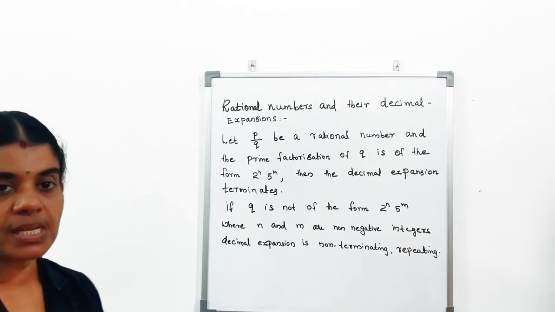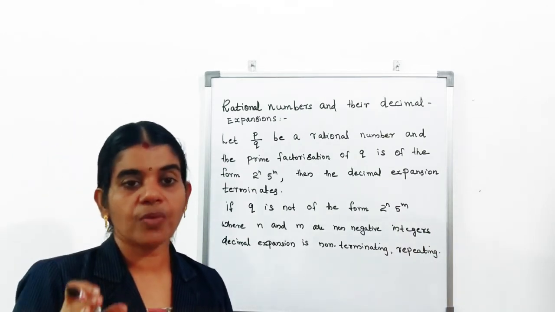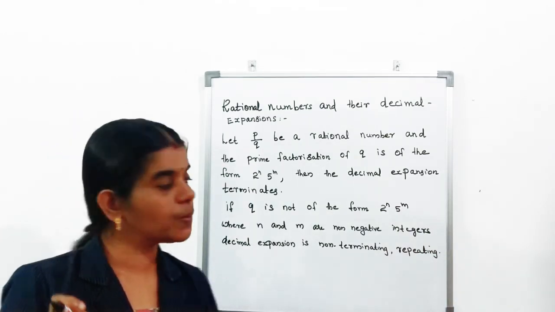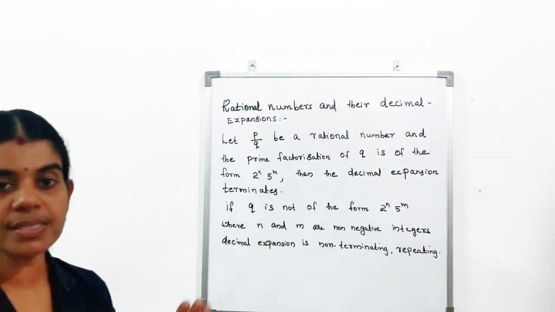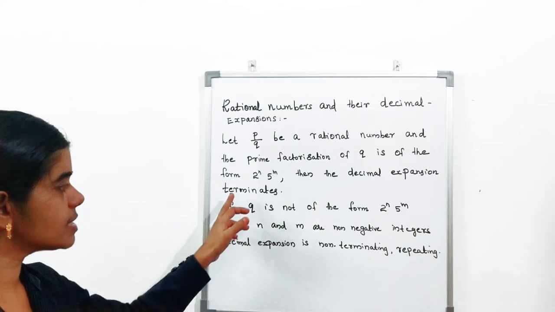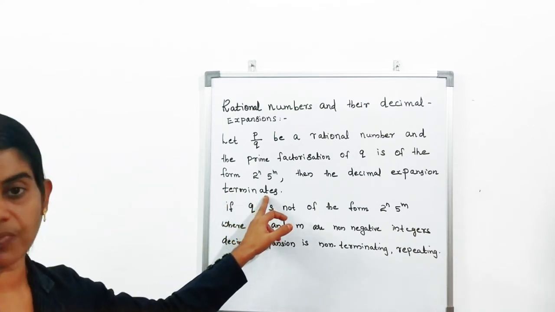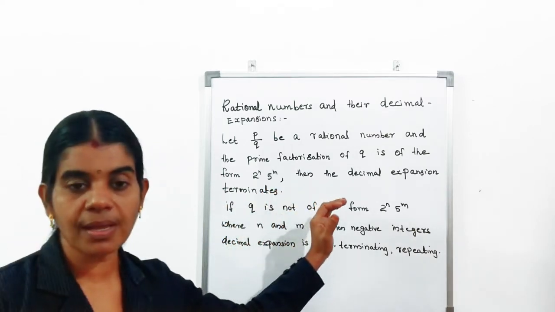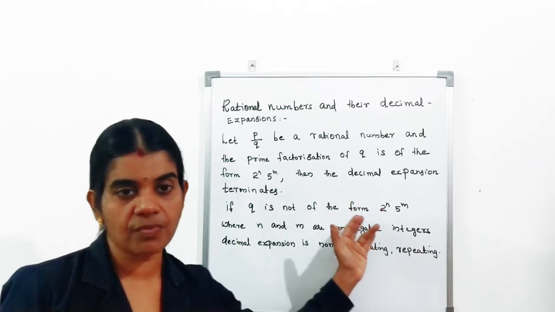If you are getting the factors of the denominator only in the form of 2 raised to n and 5 raised to m, that is, 2 and 5 only are the factors, then that decimal expansion will be terminating, that means ending one.